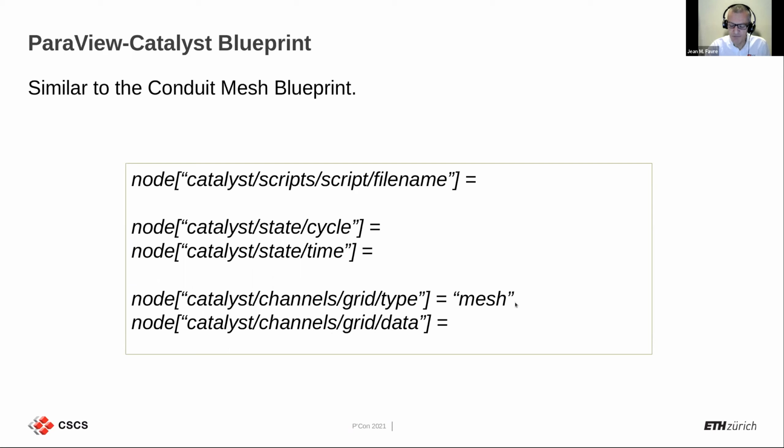So the principle is really to understand that you connect your ParaView-Catalyst blueprint definition with the same key to associate your data in memory as described by the Conduit mesh blueprint. We will look at the practical example here in a second.